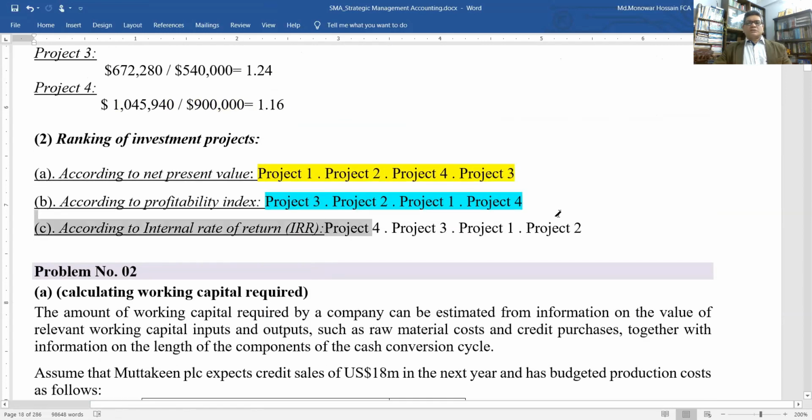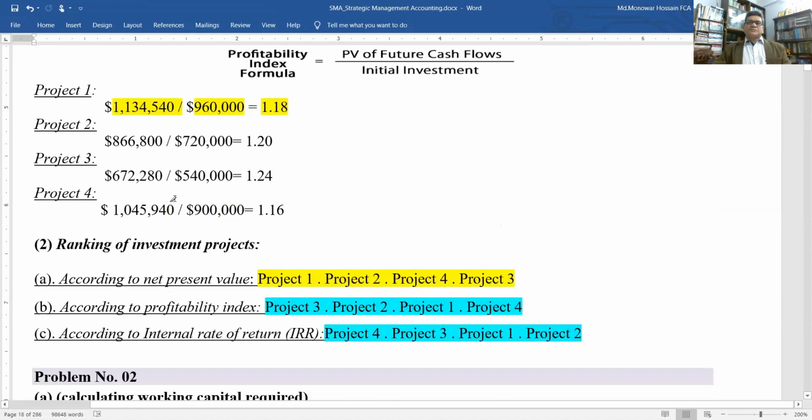So if the company wants to invest according to NPV, it should choose project 1 first, then 2 second, 4 third, and 3 fourth. This is the ranking.